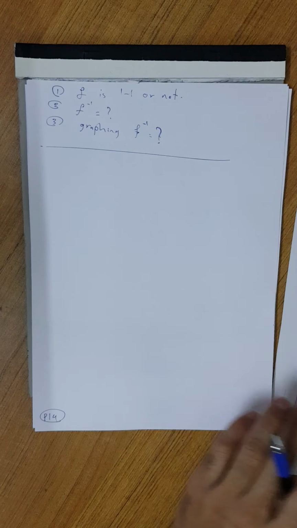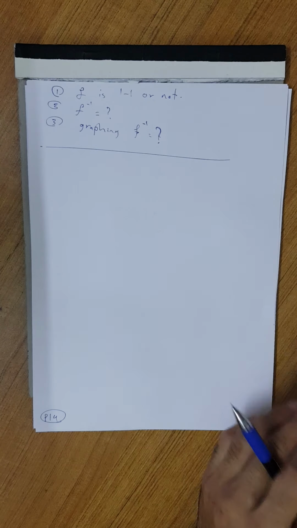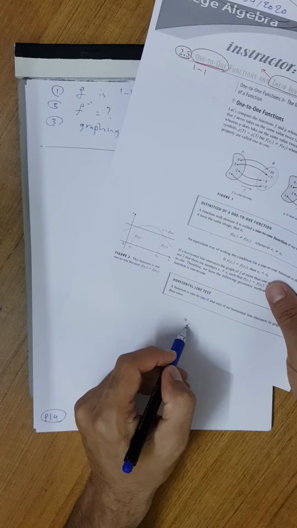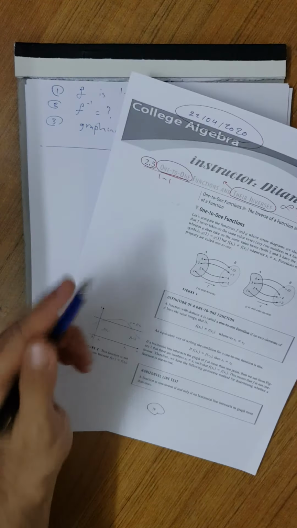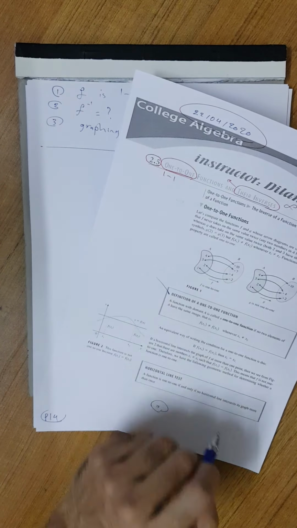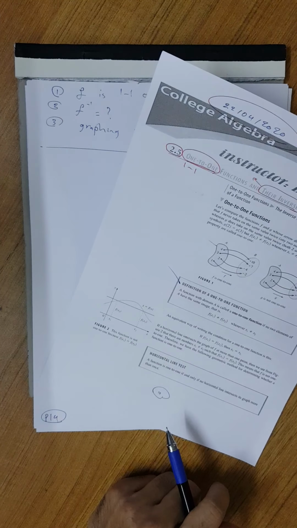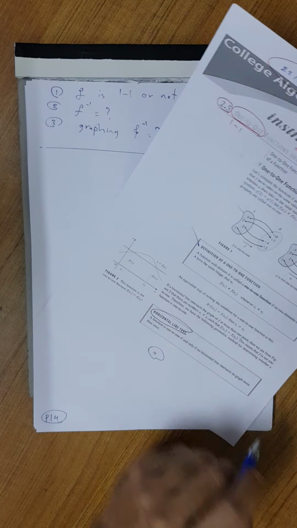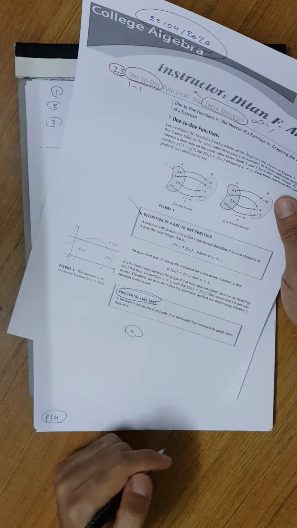Okay, in section 2.5, page number 79 in your lecture notes, you have the definition of one-to-one and the picture about one-to-one and the horizontal line test. Now I'm going to talk about this definition.